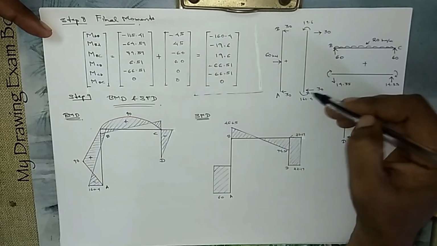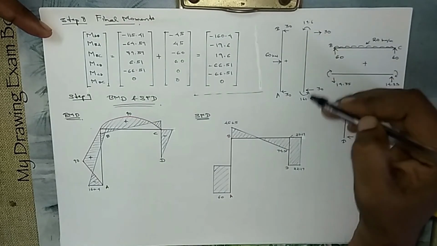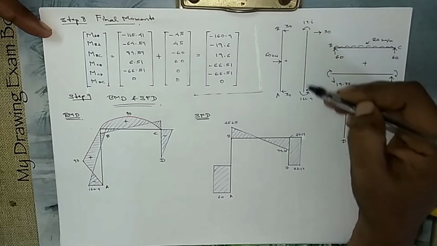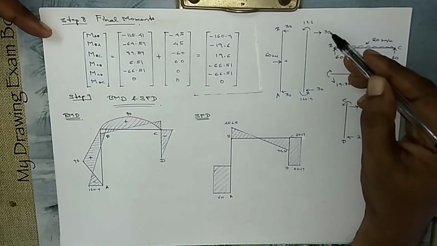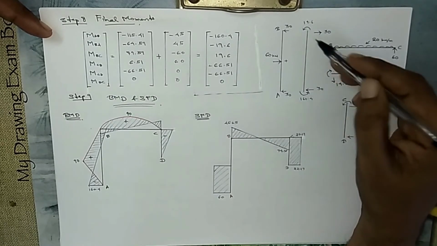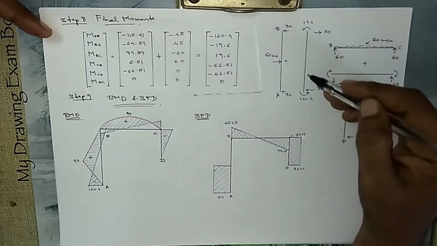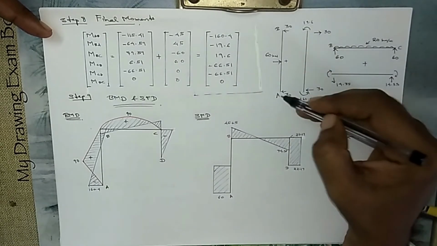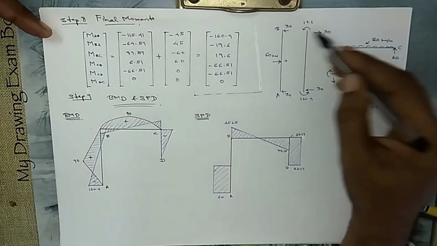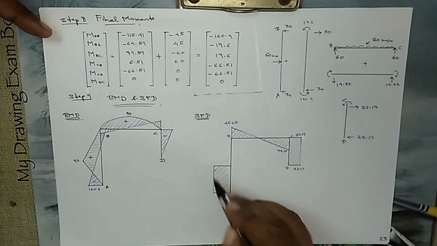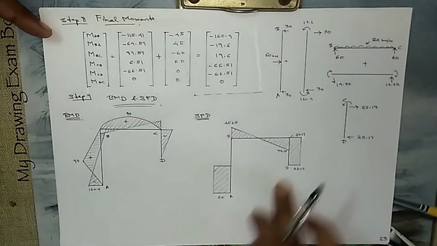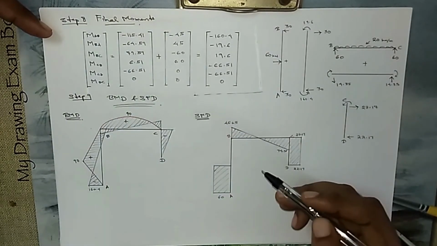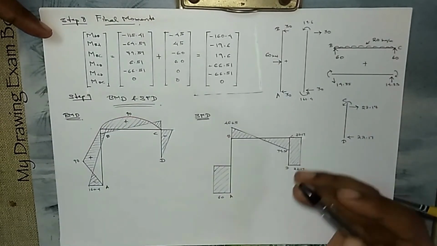I get this couple value by adding these moments and dividing by the span. So I will get 30 and 30 here. Since the moment is anti-clockwise, the couple is clockwise. So I'm adding these reactions together to draw this shear force diagram. Refer to the shear force diagram in the previous problem also to understand it more.